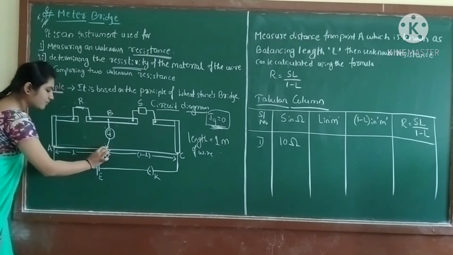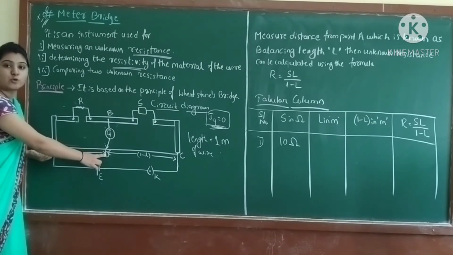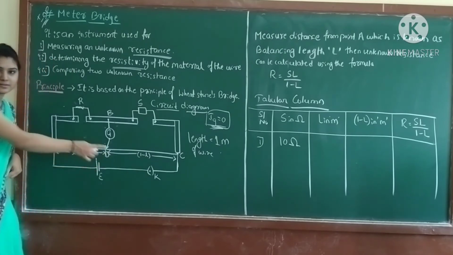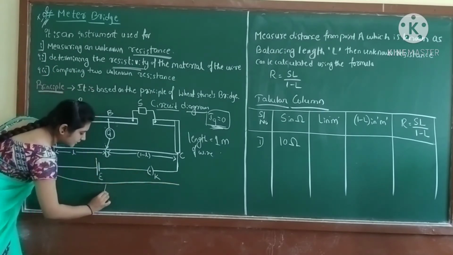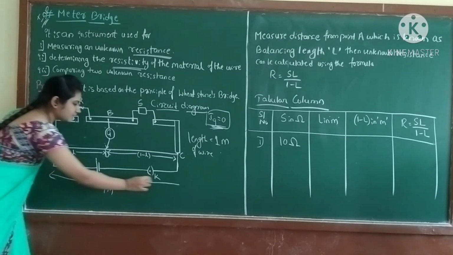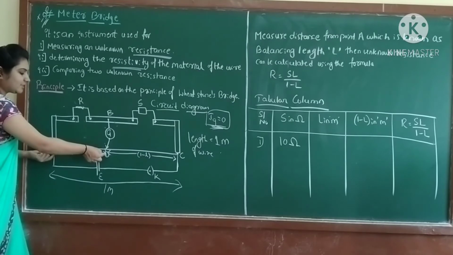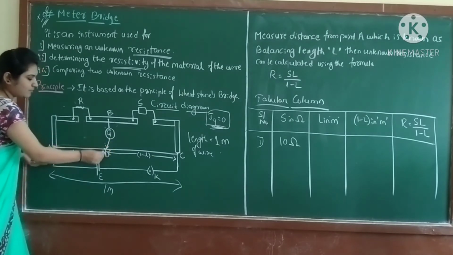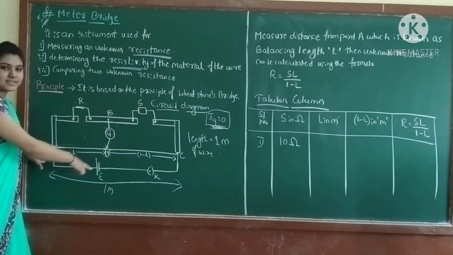So up to this point, the length I have to measure. Already we know that it is the 1 meter length. So up to here, it is how much? 1 meter length. Right? Only this much touches to this point, so I can take the value of this length now for the 10 ohm resistance.